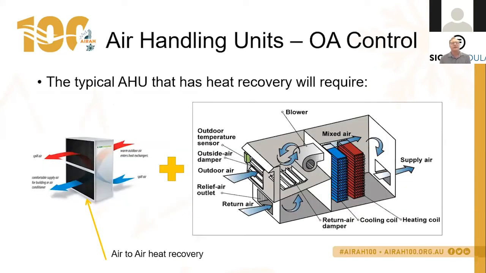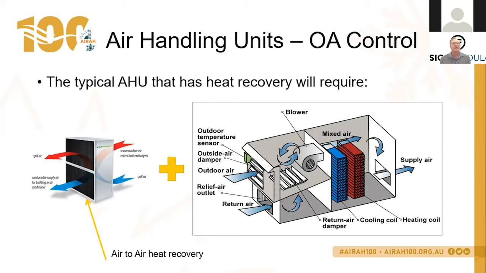A heat recovery ventilator, so an air-to-air heat recovery ventilator. You can also use a water-to-air heat recovery system, but an air-to-air heat recovery ventilator is added to your air handling unit, typically on the outside air and the relief or exhaust air path, and this then treats that outside air as it comes into the system.